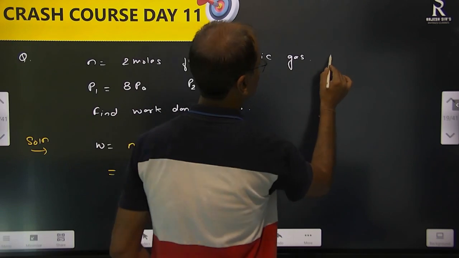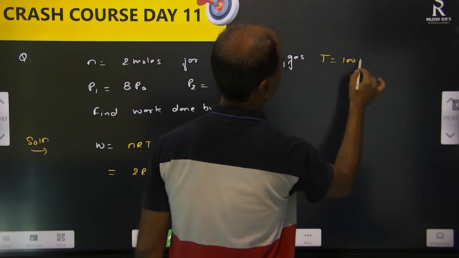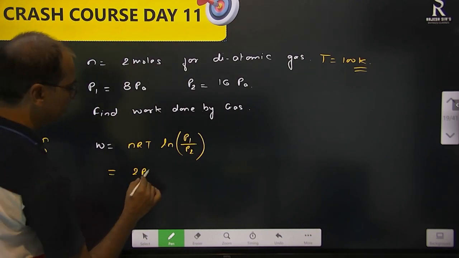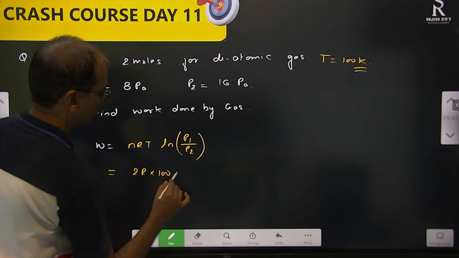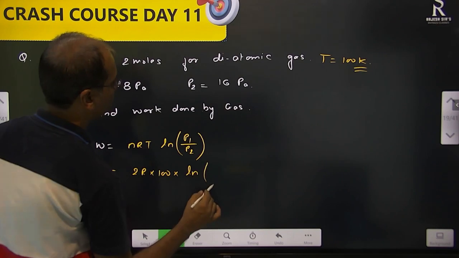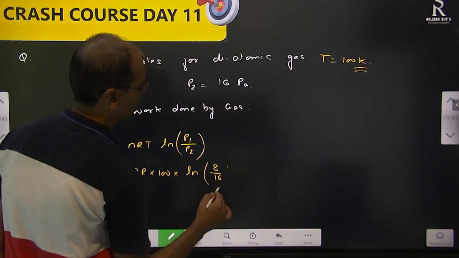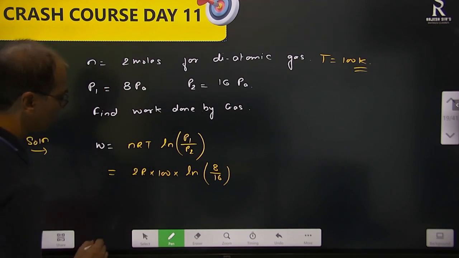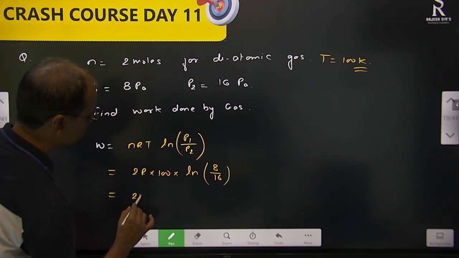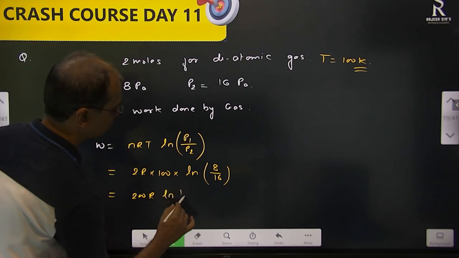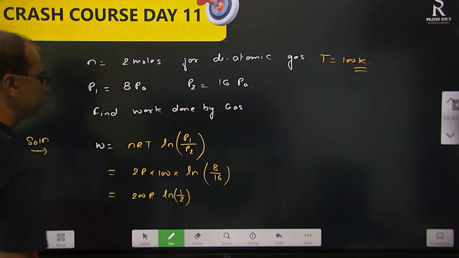So temperature is, let's say, 100 Kelvin. Then ln of P1 by P2, P1 is 8 by 16. Once you write 8 by 16, it will come negative only. So 200R, okay, log of 1 by 2. So this is a negative answer.